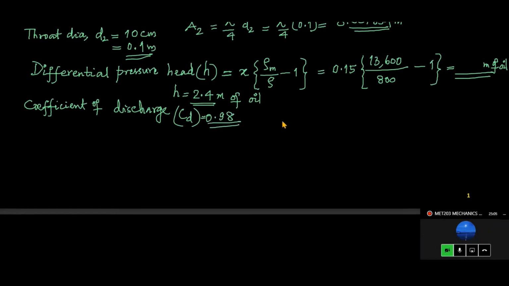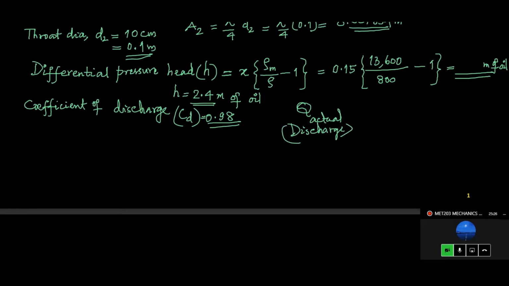Yesterday I told you, Q theoretical is A1 A2 by root of A1 square minus A2 square into root of 2GH. Q actual is what we want to find out, the actual discharge through the venturi.